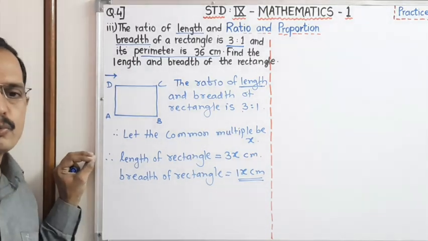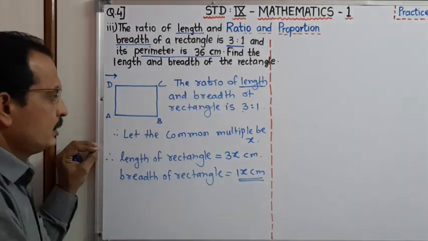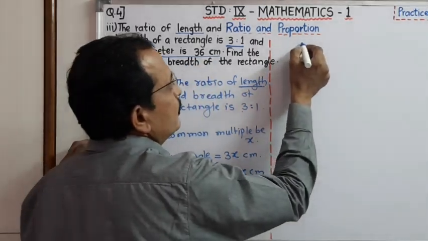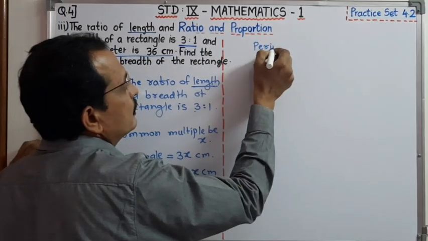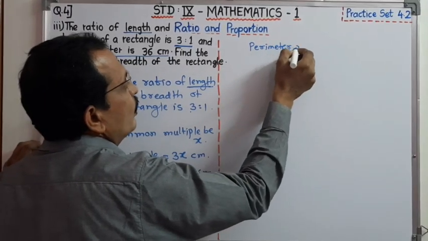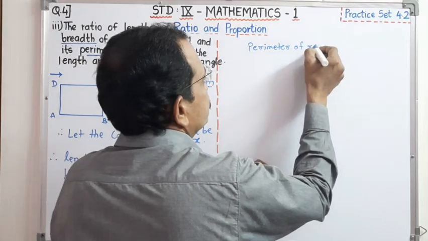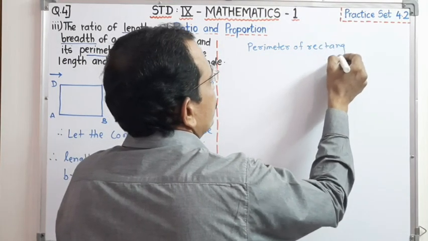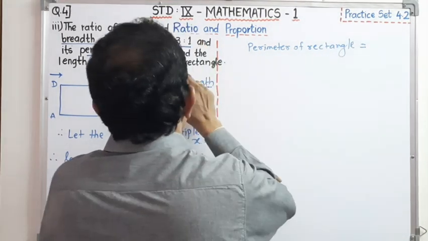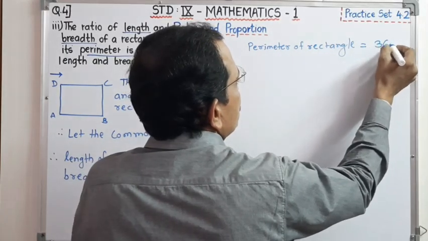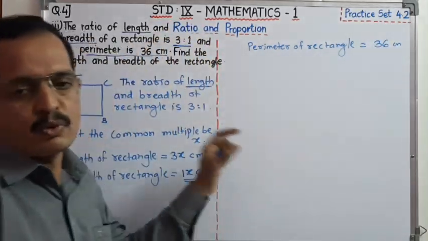Now we know the formula for finding out the perimeter. Here we can write perimeter of rectangle is equal to how much? It is 36 centimeter. Now what is the formula?